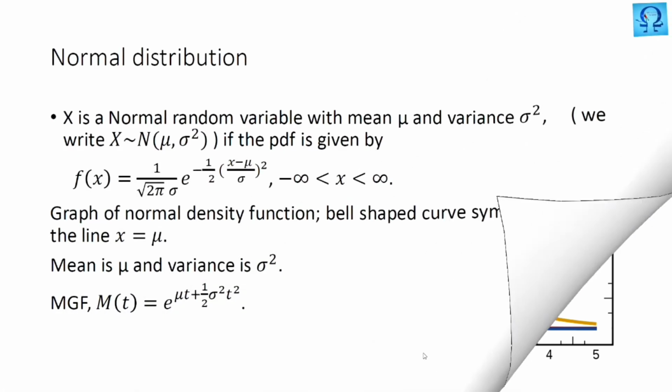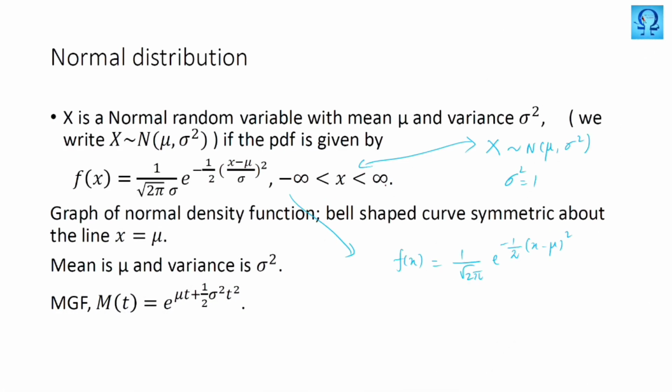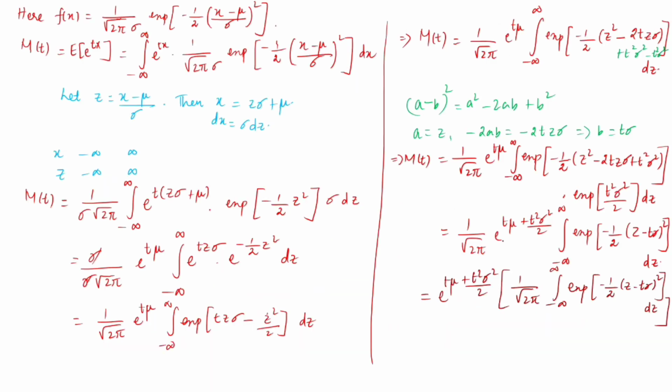Here this x was just a variable which is ranging from minus infinity to infinity. Whereas here also we have z which is ranging from minus infinity to infinity. Okay, in the place of mu, what we have? We have t sigma. So here we have everything in terms of z. So we can say that this z is a normal random variable with mean t sigma and variance 1. So whatever we have here is the density function of it, and which is integrated from minus infinity to infinity.